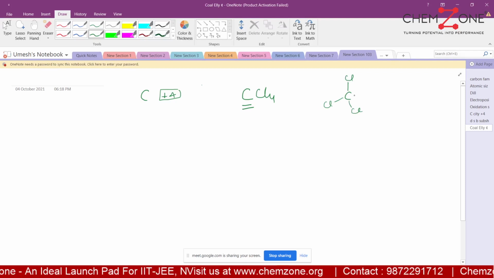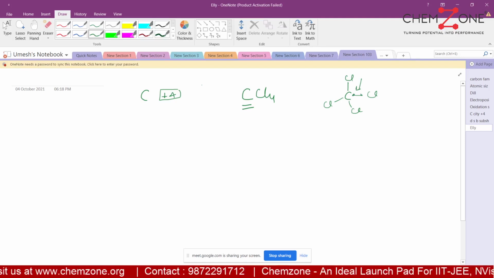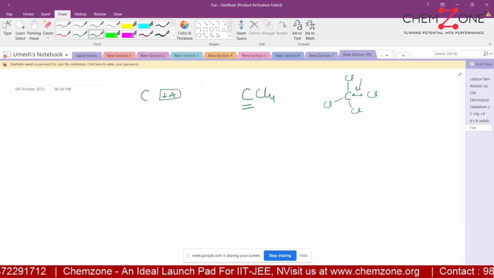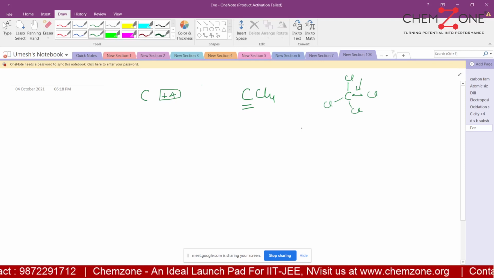If you draw the structure like this, what type of bond is between the carbon and chlorine here? It is a covalent bond.